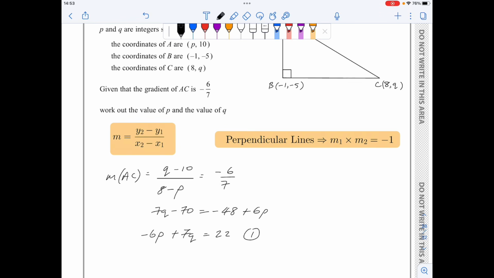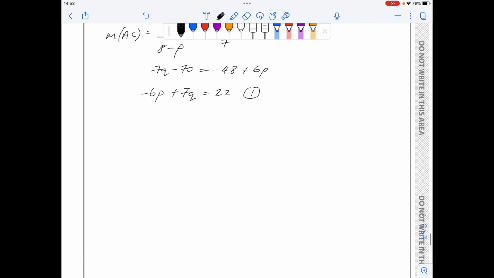For the second equation, I'll first find the gradients of the lines AB and BC, multiply them, set them to minus 1, and then that will be the second equation. So the gradient of AB is equal to (10 minus minus 5) over (P minus minus 1). This comes out to be 15 over P plus 1.